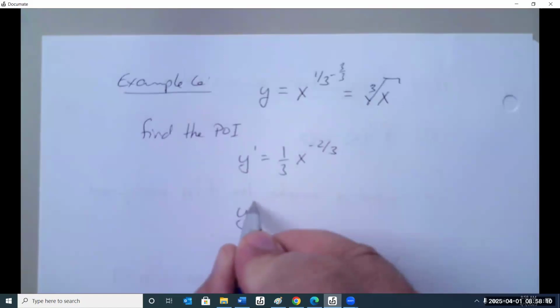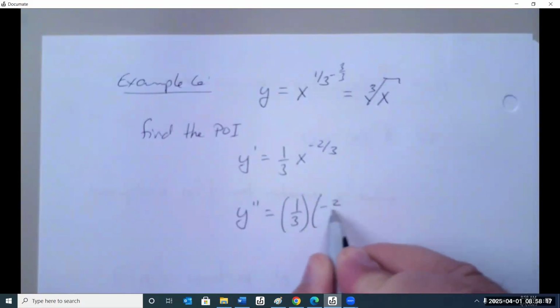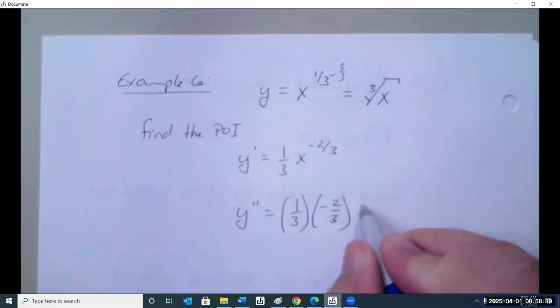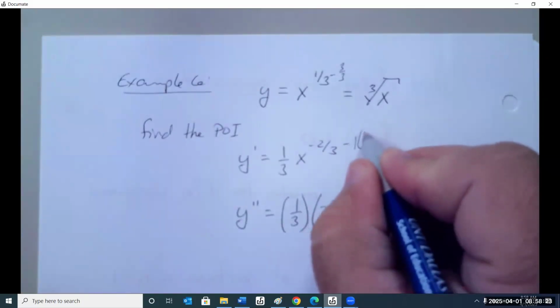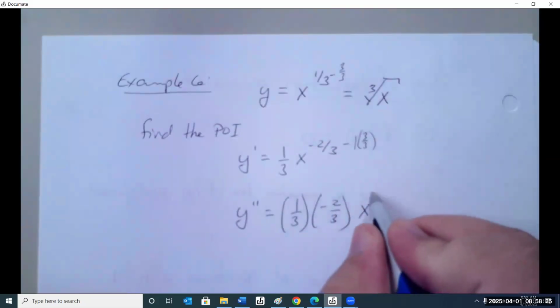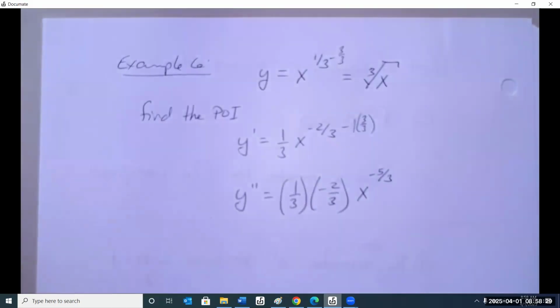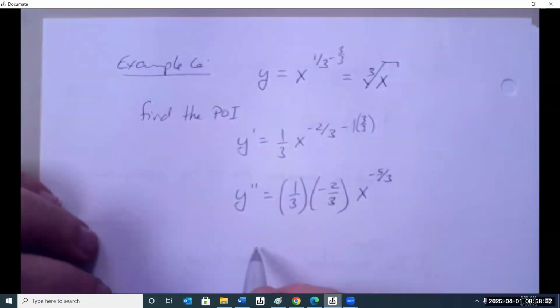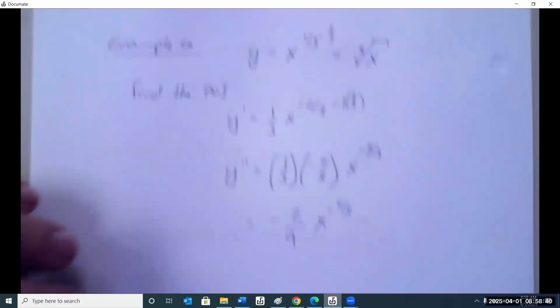Second derivative, keep on doing the same thing. So we have 1/3 times negative 2/3, and subtract 1, which is 3/3, makes it negative 5/3. Negative 2/9 x to the negative 5/3.